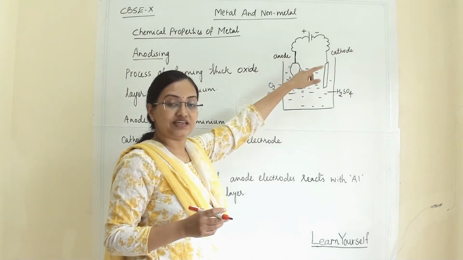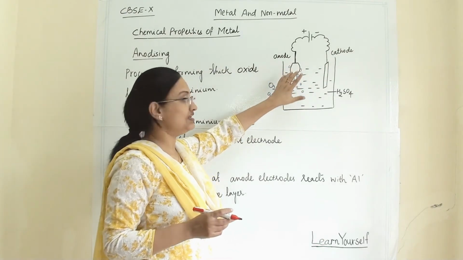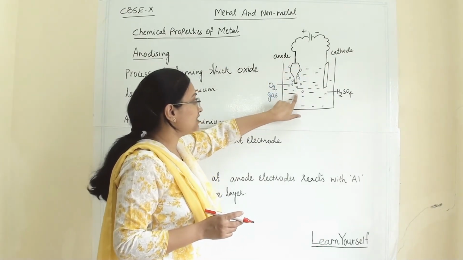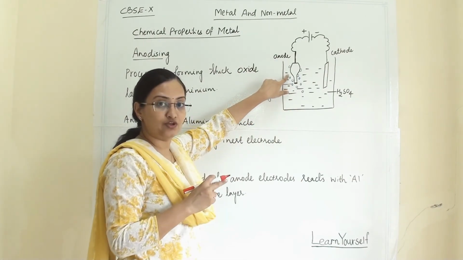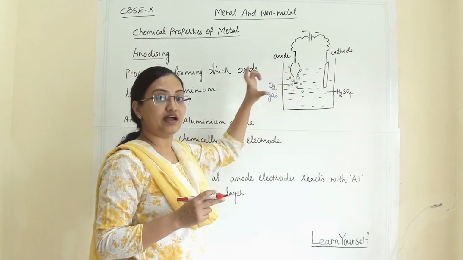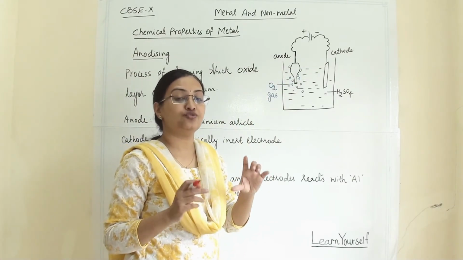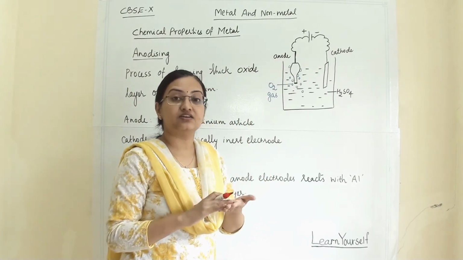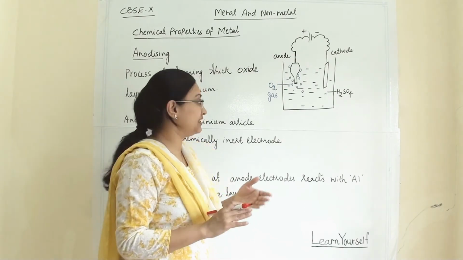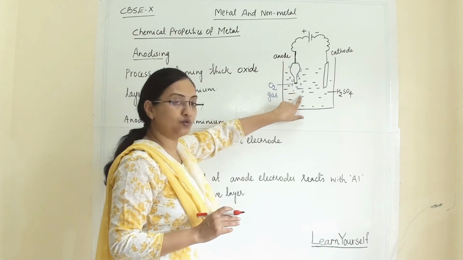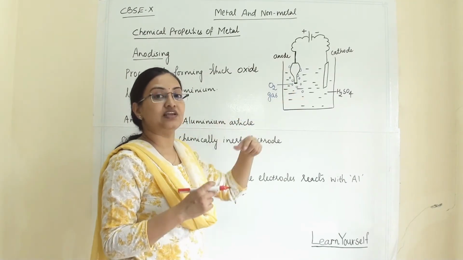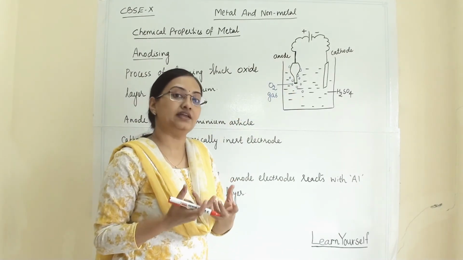Now once electricity passes through the cell, oxygen gas will evolve at the anode and react with this aluminium. Of course, whatever article we place here should be very clean, and its surface should be cleaned properly. Once that clean surface comes in contact with oxygen, it will immediately form an oxide layer.